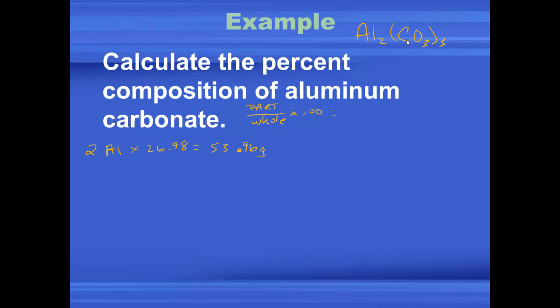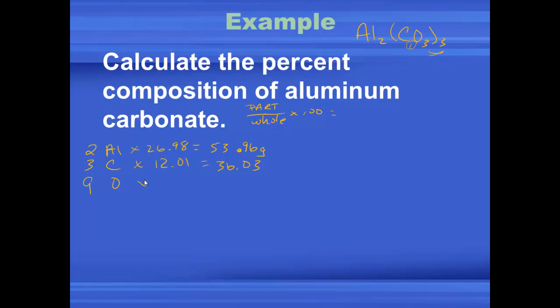Okay, and then when I do my carbon, remember that's like having an invisible 1 right here. So 3 times my invisible 1, I have 3 carbons times 12.01. That's 36.03.